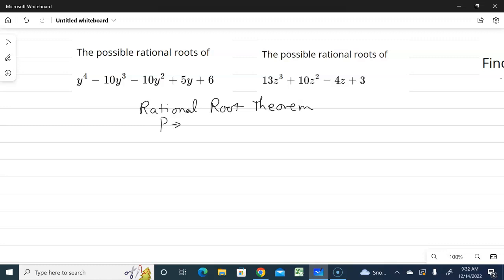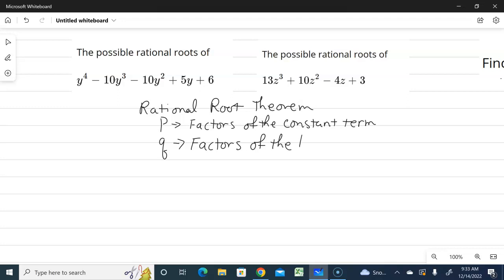There's the p-values, which are all the factors of the constant term, and then there's all the q-values, which are the factors of the lead coefficient.